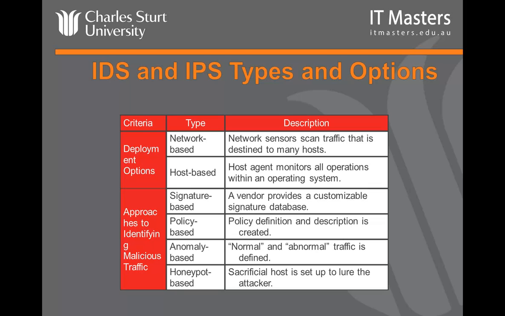And then lastly, always a fascinating topic for discussion and a fascinating area of research, is the honeypot-based approach, where you basically set up a sacrificial host, a sacrificial lamb, and you put it in a completely unguarded, unprotected, obvious area in your network, and you lure your attackers to attack that particular host.